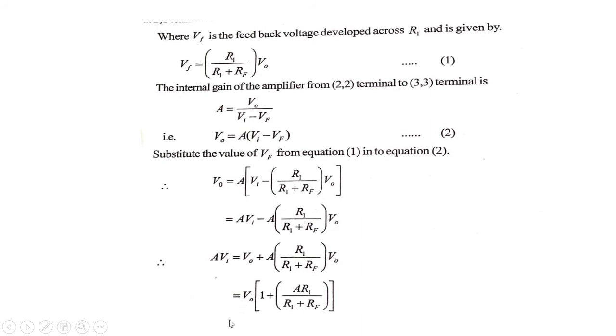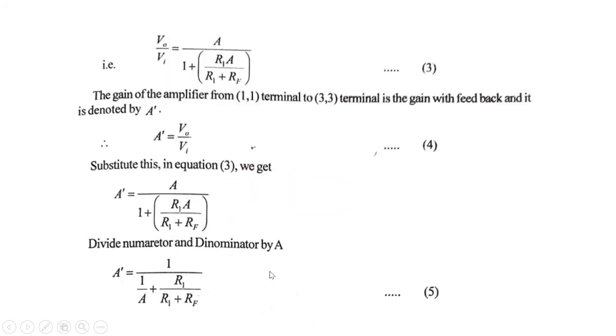Therefore, A Vi equal to V0 into 1 plus A R1 upon R1 plus Rf. So V0 upon Vi equal to A upon 1 plus R1 A upon R1 plus Rf.